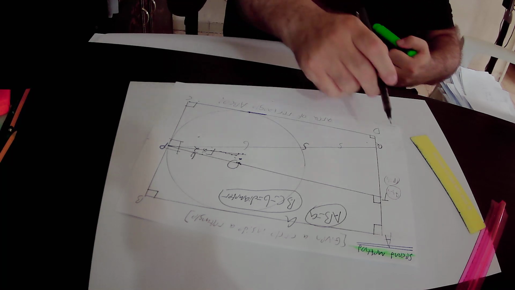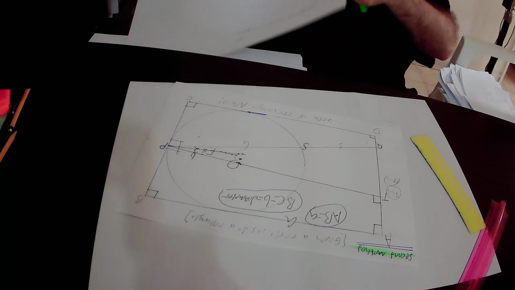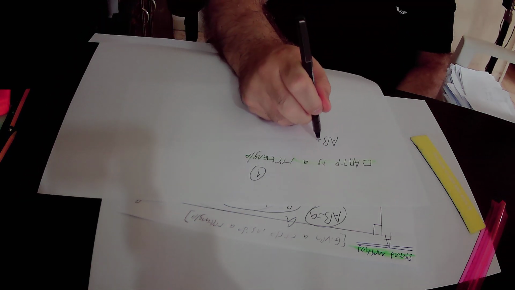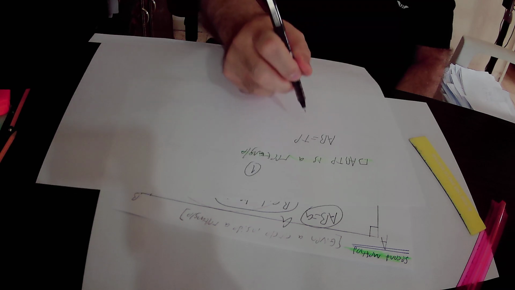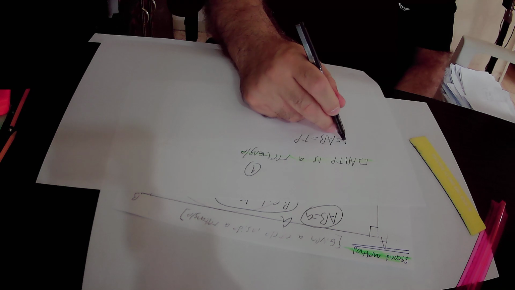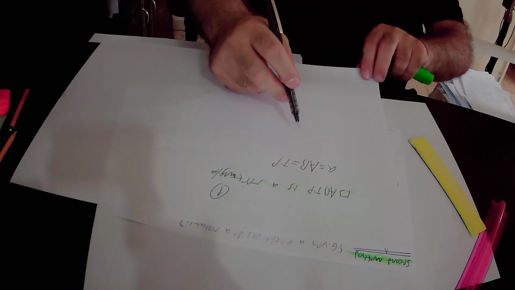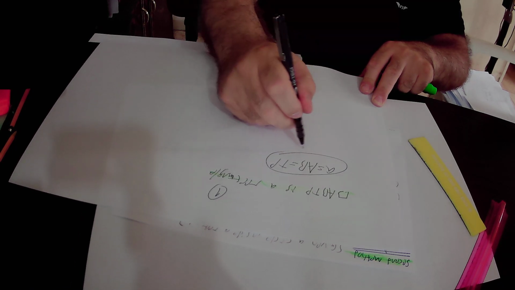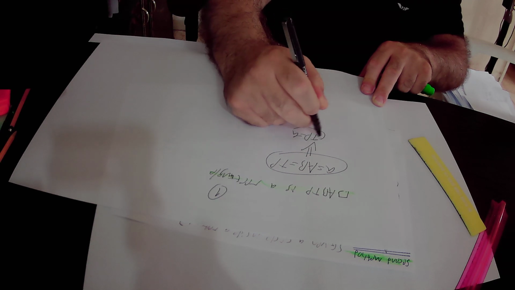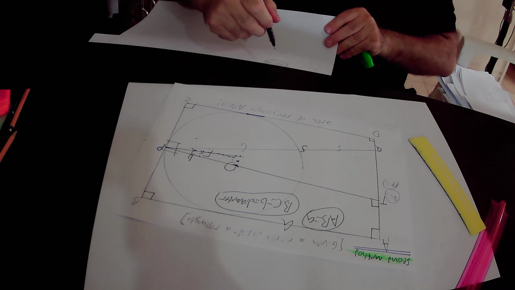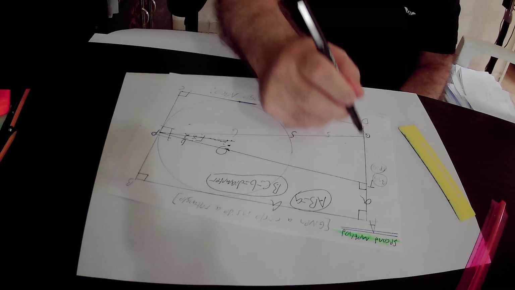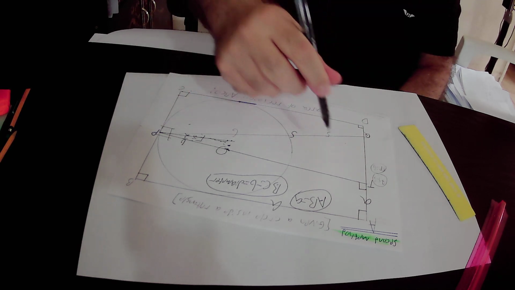That is to say, side AB equals side TP, but according to our definition, AB equals A. And from this equation, A equals AB equals TP, we will derive that TP is also equal to A. Here, TP equals A.